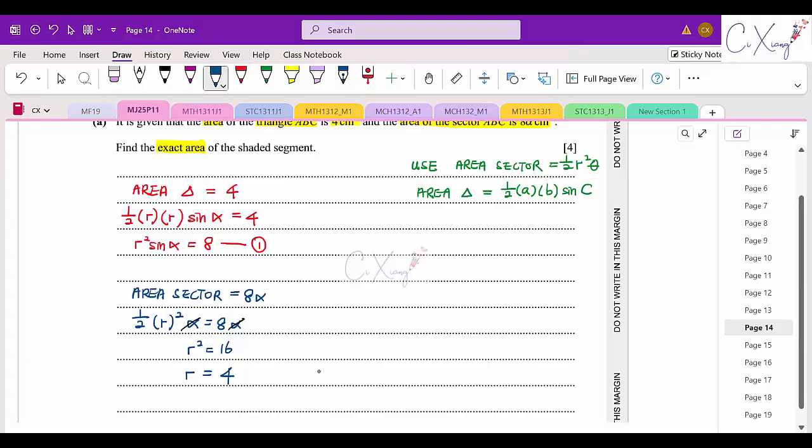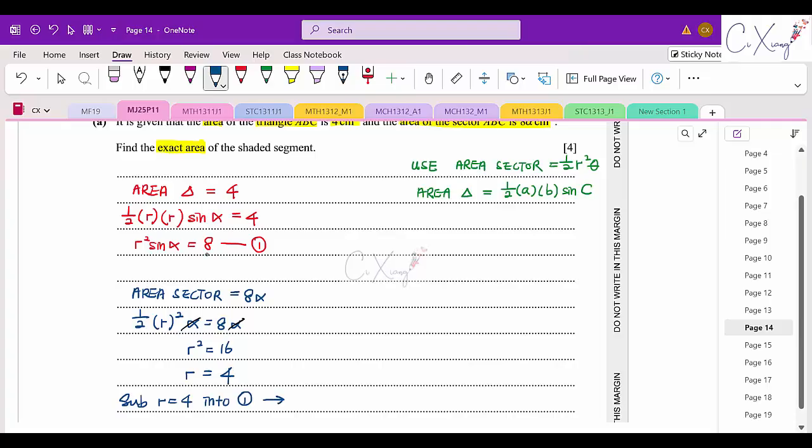Once you know r equals 4, I want to get the value for alpha. How can I get it? Please substitute it back into equation number 1. So I substitute back into equation number 1, and what do I have?